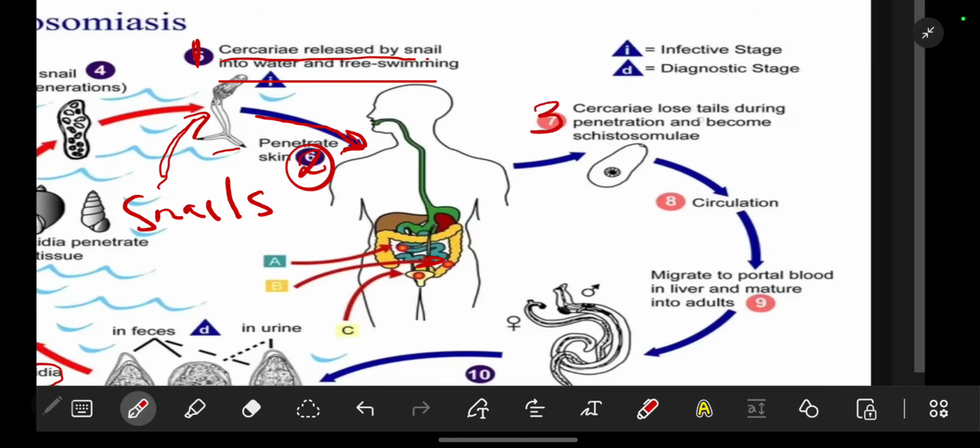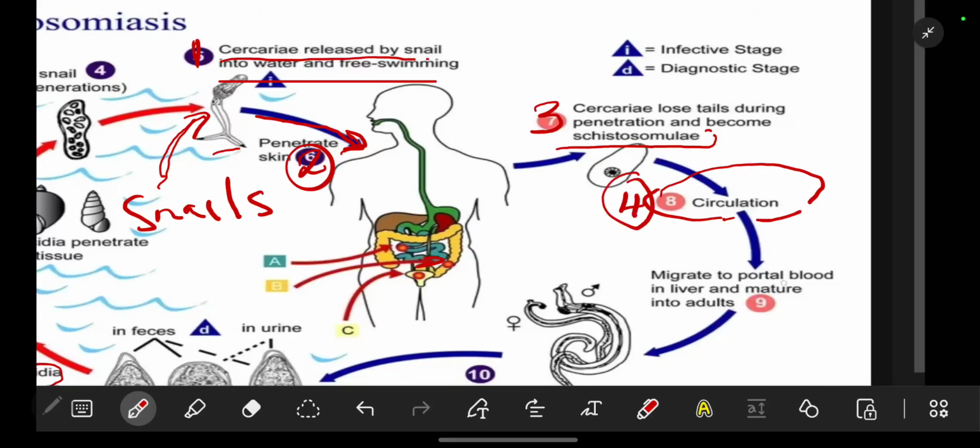That will be Cercaria loses the tail during penetration and becomes Schistosomulae. Now after that, it will be able to migrate to the liver and mature as adult male and female. It will migrate through the blood circulation. So that will be our number 4.